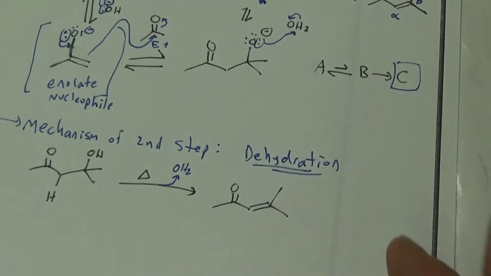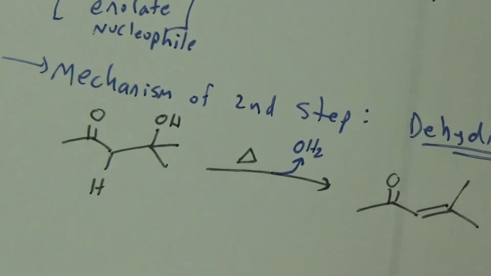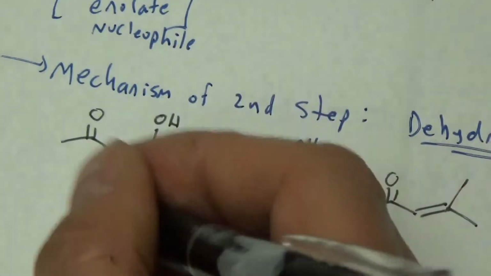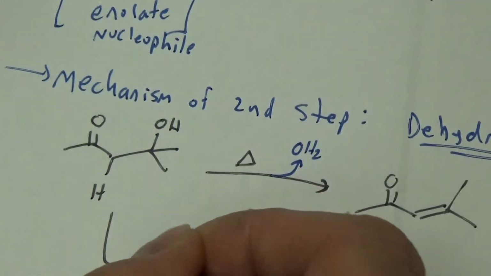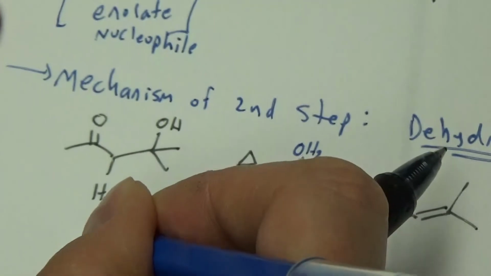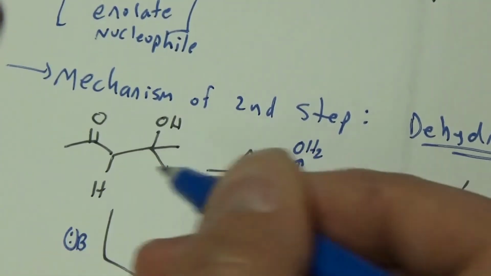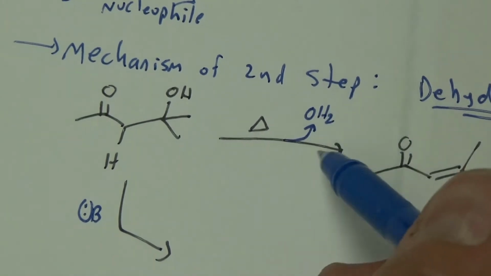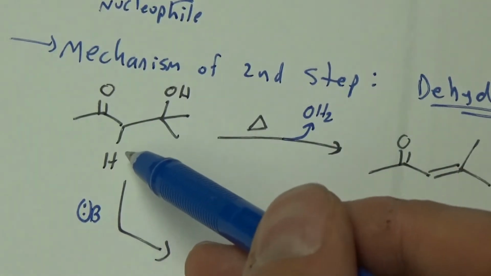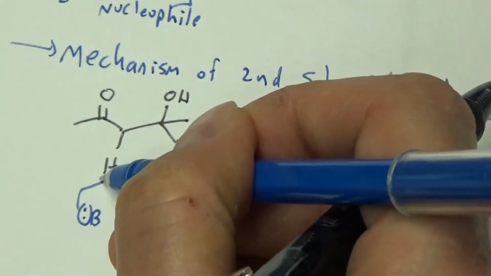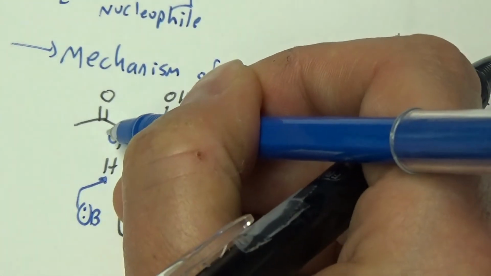Okay, cool. So, how does this mechanism work? The way the book shows it, and I'm just going to follow that mechanism, we still got base around, right? We have sodium hydroxide, we have a lot of base. And what do bases do? If you have a ketone with that somewhat acidic proton next door, well, the base takes the proton, makes an enolate.